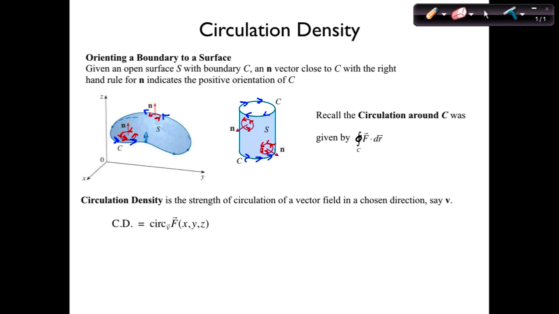And that's what this is, the circulation of F in the direction of V, meaning in a plane perpendicular to V. And so like I said, that's the circulation around C per area inside of C, but then let that area go to 0.